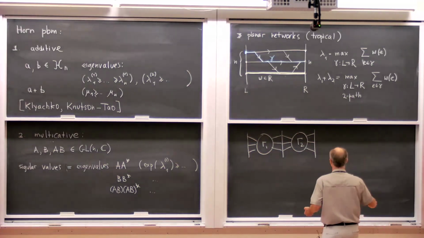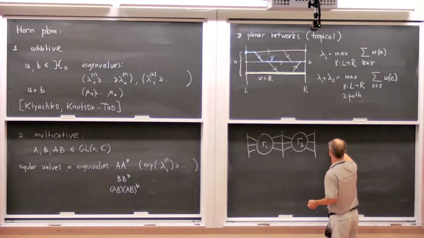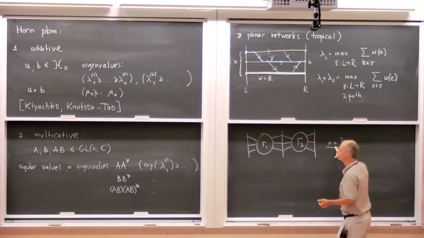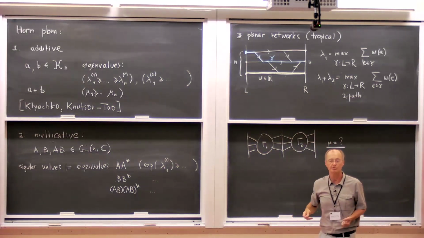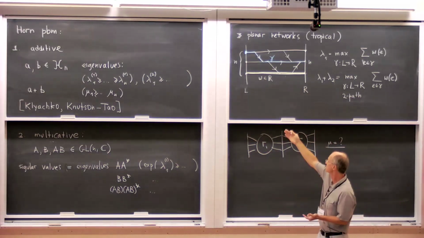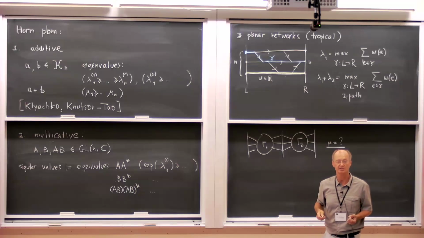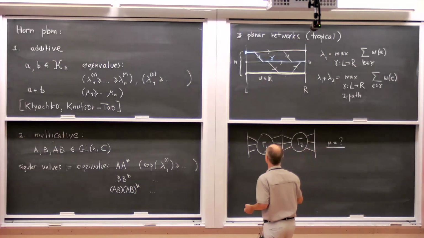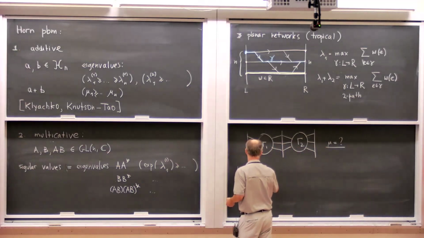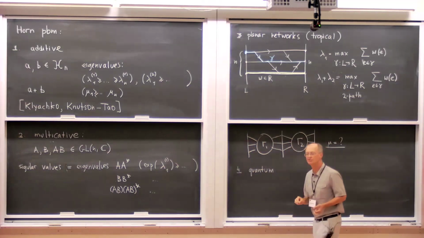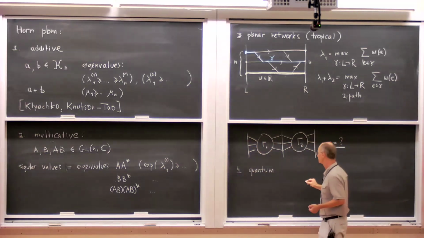So, and again, the question is, what are the possibilities? What's the range of mu's if lambda 1 and lambda 2 are given? So it's exactly a similar setup to what we had before. Last but not least, there is a quantum version of that problem.